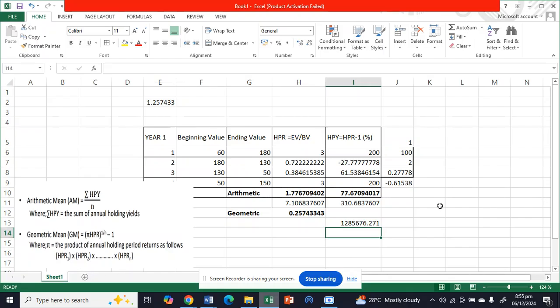Okay, let me use my calculator because Excel is giving me a weird number. 200 times negative 27.7 times negative 61.5 times 200, so 68,314,200.